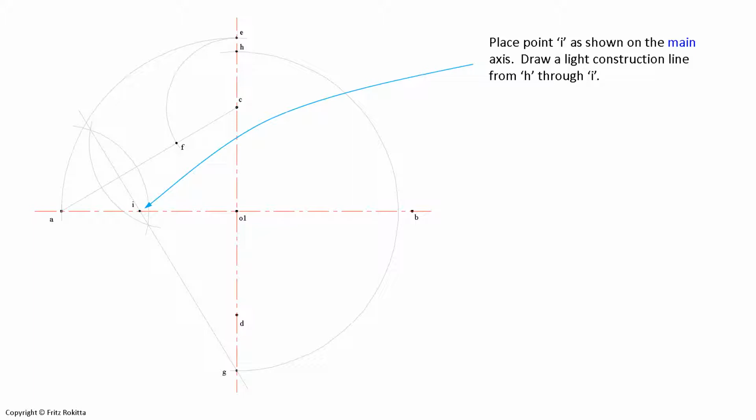Now we will draw a light construction line from point H through point I and extend that line for later use.